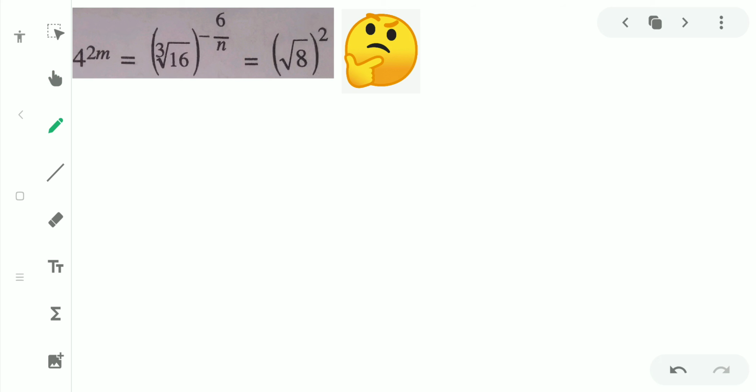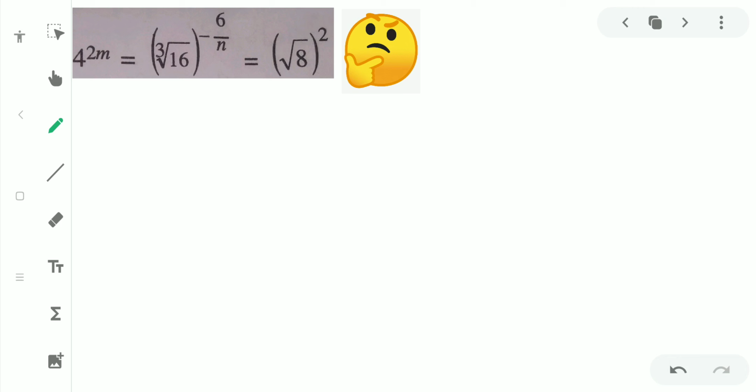The question is on your screen, that is 4 power 2m is equal to 3 root 16 power minus 6 by n is equal to root over 8 square root of 8 whole power 2, or whole square.